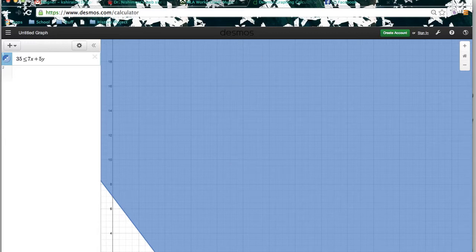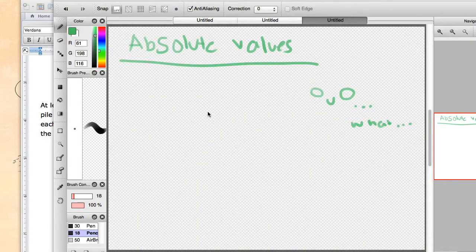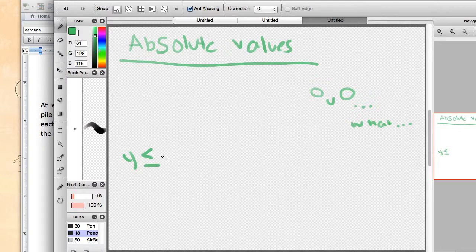And now we're going to apply everything together. Let's have an example: y is greater than or equal to the absolute value of x minus 4, plus 5.